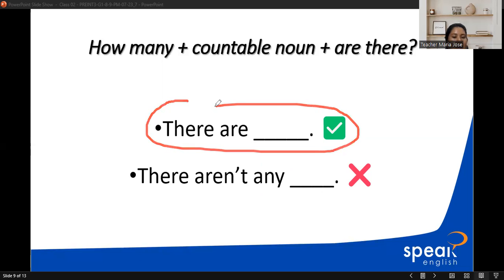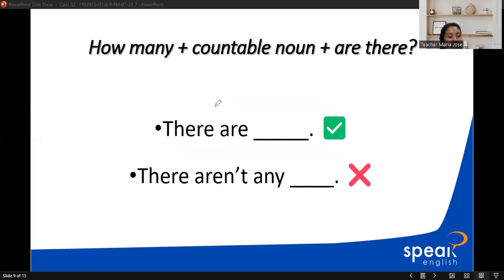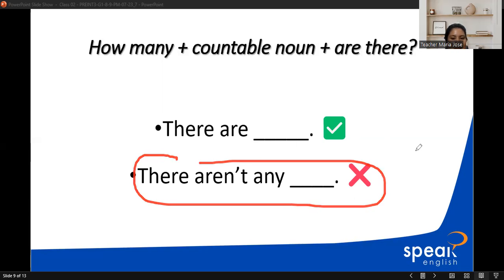Okay, so based on the examples that you have in the chat, can you give me one affirmative sentence, Albino? From the examples in the chat. There are 3 tomatoes. Okay. Can I have one negative, Alejandra, from the examples in the chat?